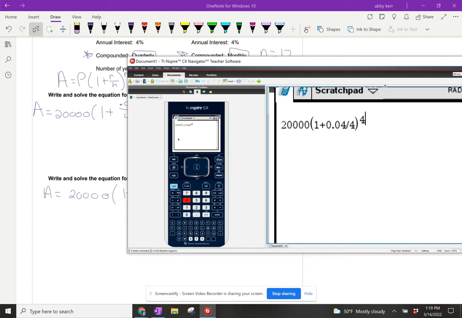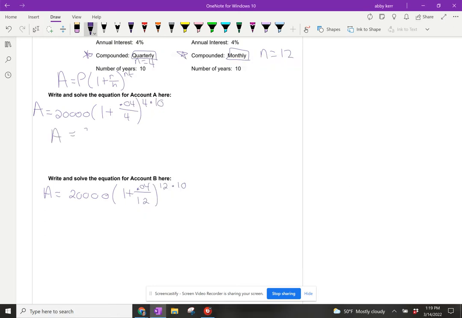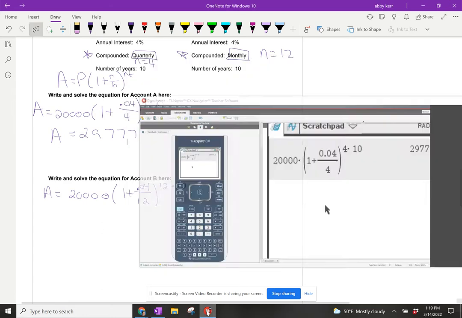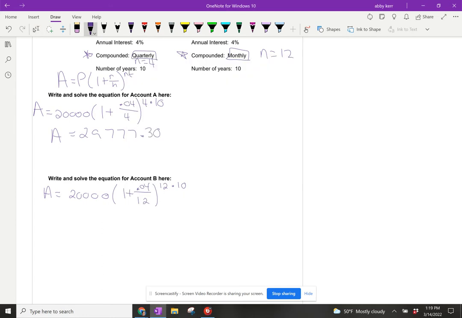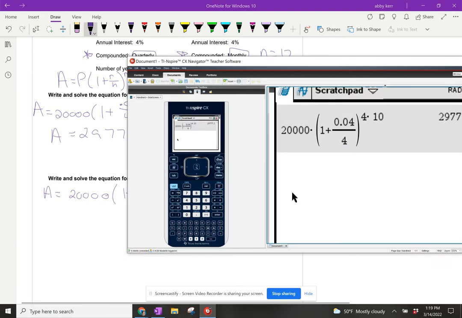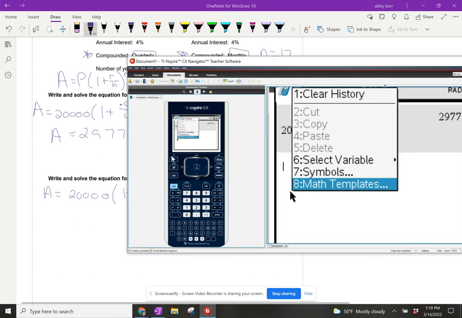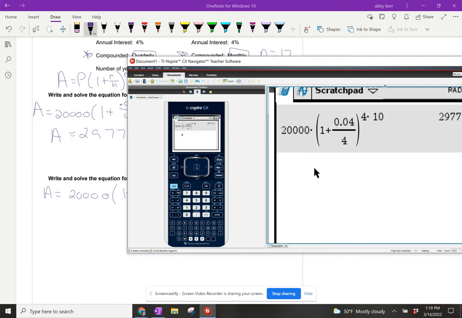So then 4 times 10. So you're going to get $29,777.30. Now the nice thing about this, if you use our calculator, is that we are just going to change the 4s to a 12 because it's happening 12 times a year because it's monthly.